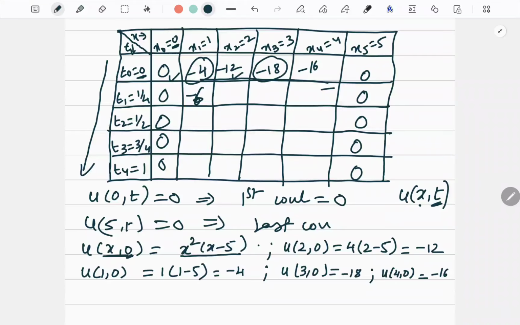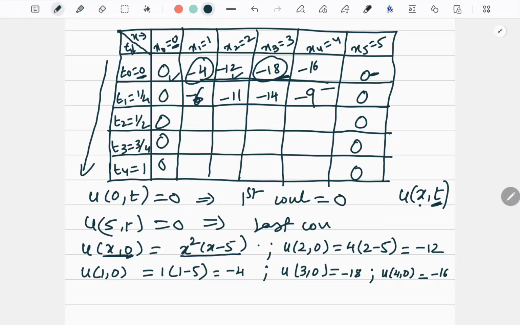Minus 22 upon 2 is how much? Minus 11. Next, minus 12 minus 16 is minus 28. 28 upon 2 is what? 14. So minus 14. Then minus 18 and 0. So minus 9. So I got the second row as well.